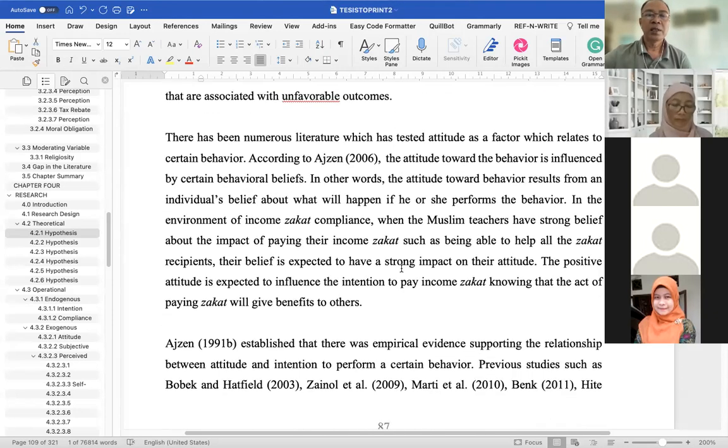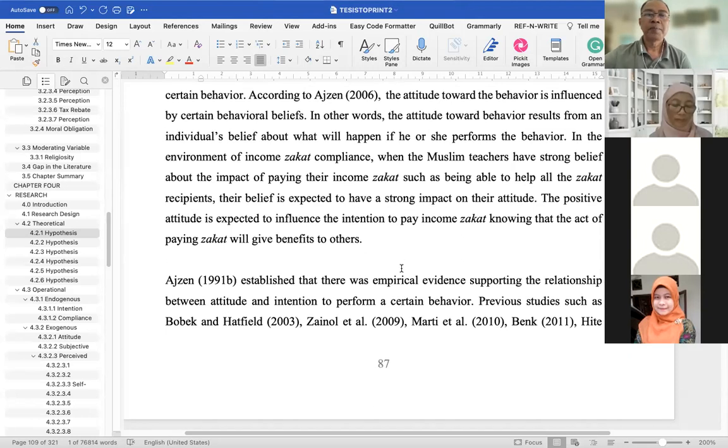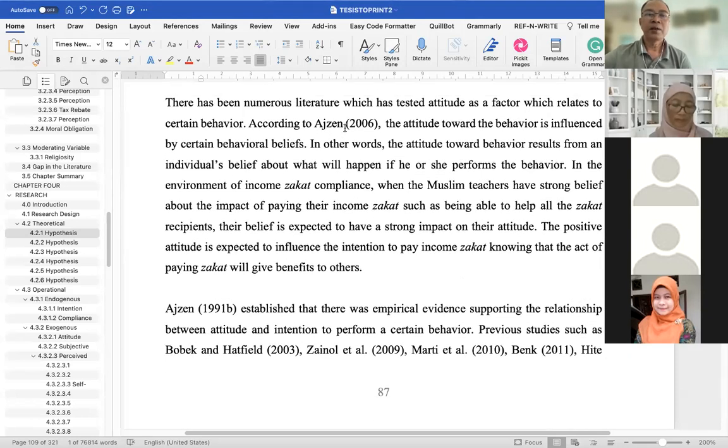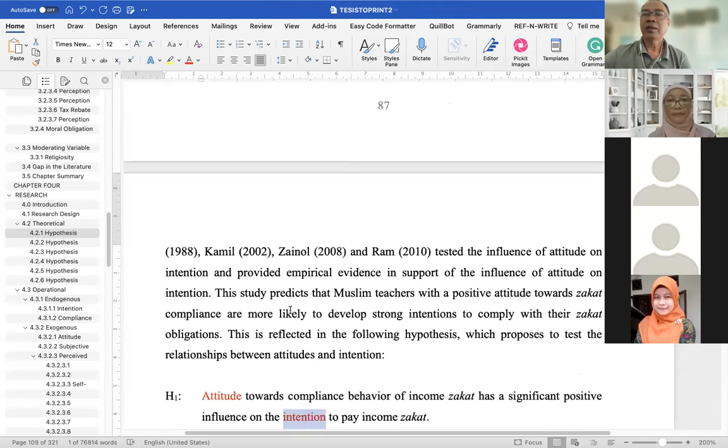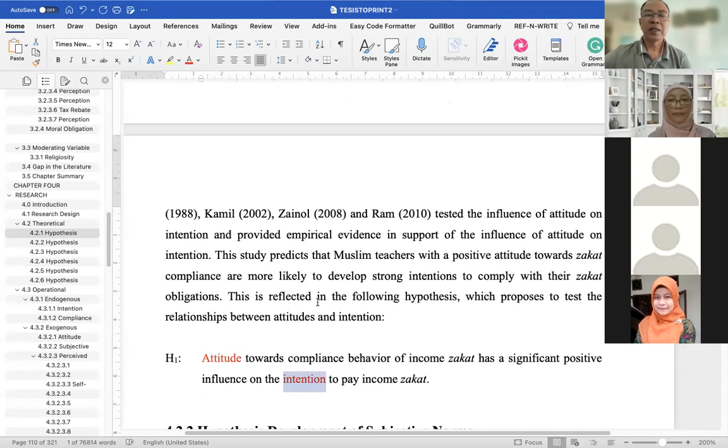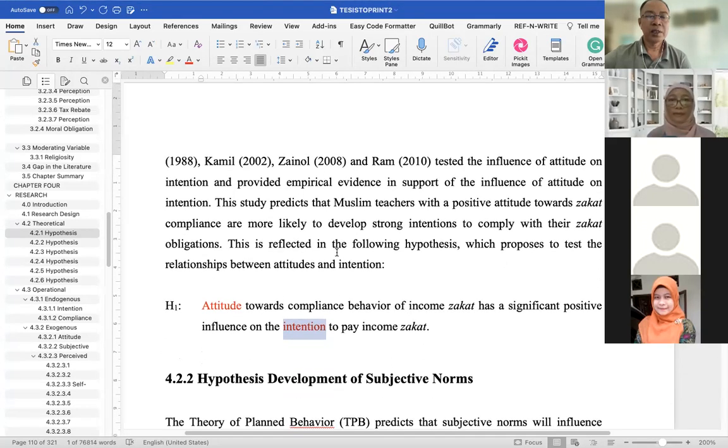So this person talks about previous studies that have used attitude in their studies. Finally, the researcher develops the hypothesis.